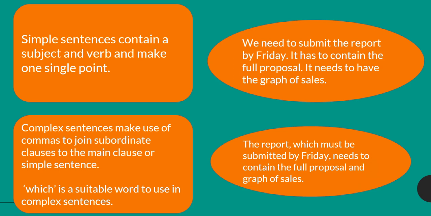And it really doesn't matter what type of sentence you're using, but if you're writing a long document, you need to use a variety of sentence styles, otherwise it'll seem a little strange. And you do need to practice making sure you can construct complex sentences yourself, because there's lots of ways to do it and lots of mistakes you can make with commas. So it is a very important skill to have if you're going to do a lot of writing for your business.